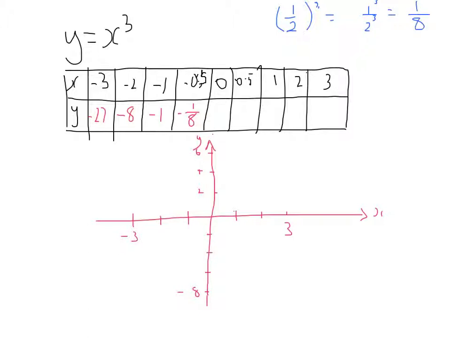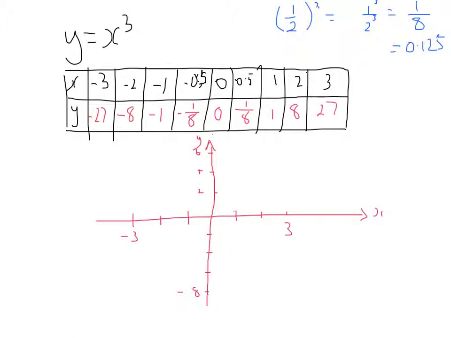So that's the fraction of 1/8, and 1/8 is equal to 0.125. And as you play around with fractions a little bit, you'll get to see that 0.125 does come up a little bit. 0 cubed is 0, so this is going to be 1/8, 1, 8, and positive 27.